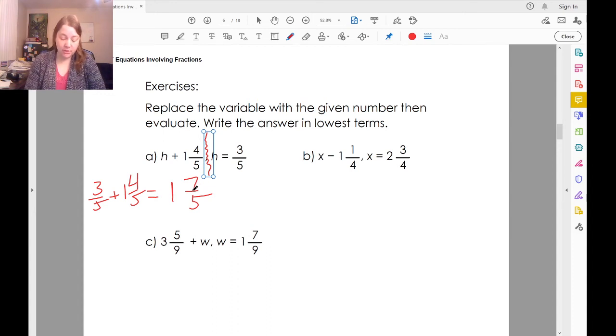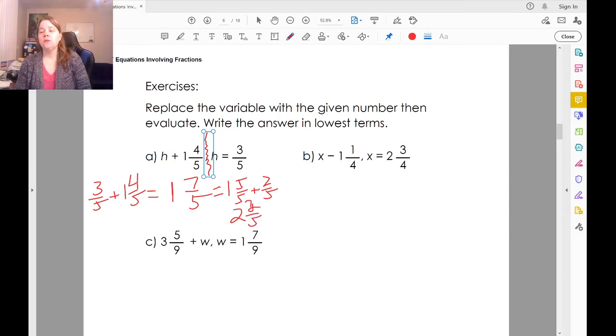So I'm going to take out 1 and carry it over into the 1 whole, because that's another whole in there. It's like saying 1 5/5 plus 2/5, or 2 2/5. Go ahead and try B and C on your own, and when you come back, we'll talk about it.